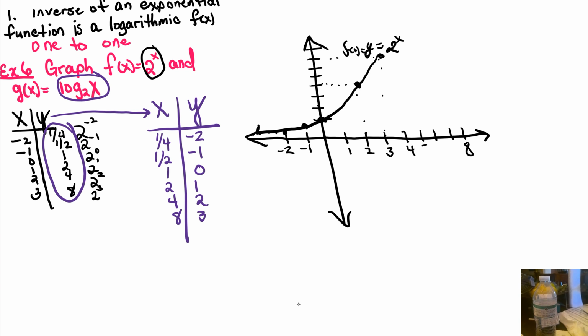So 4, 5, 6, 7, and 8. So we know that we have up to 8 for the x's, so that's why I stretched it. And obviously this goes on infinitely, so don't worry about that. Just know that this is -3, -4, all the way to -infinity. And on this side, this continues to positive infinity, right?